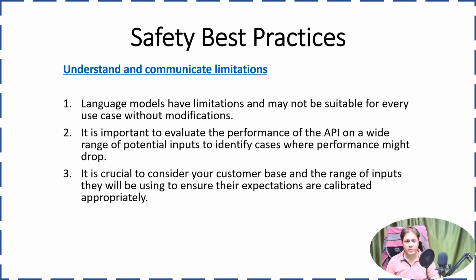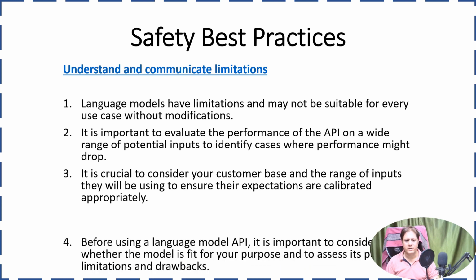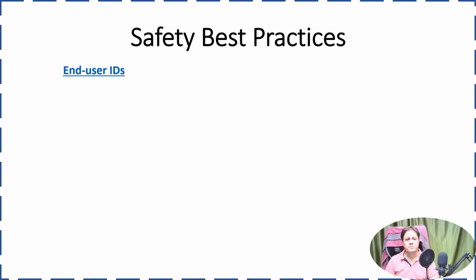That's why you need to inform them. Whenever you are creating a chatbot, never tell users that this is a human, because it's not correct to fool your customers. Always inform them this is a chatbot, and be honest with your customers.